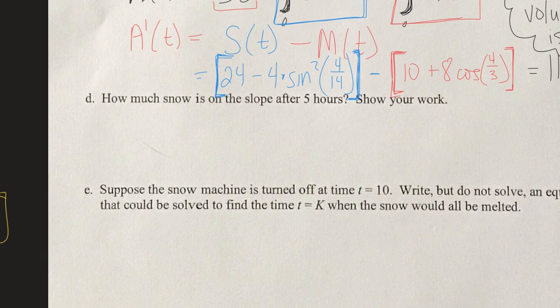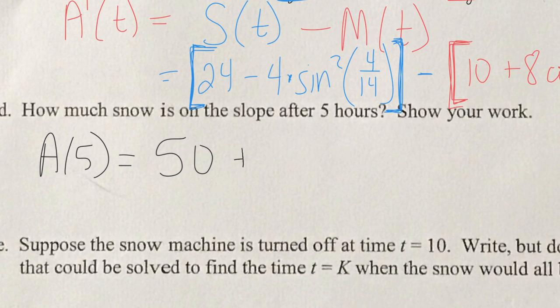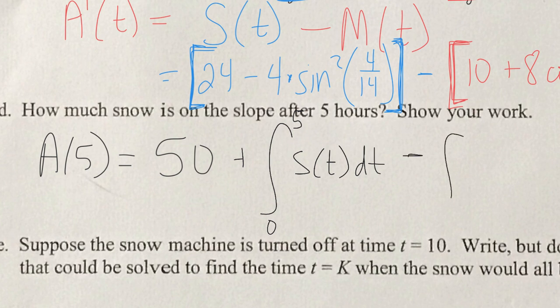Okay, part D, how much snow is on the slope after 5 hours? So we're going to go back to our A function, your amount. Your amount after 5 hours was 50 plus the integral from 0 to 5 of your addition of snow minus the integral from 0 to 5 of your melting snow.